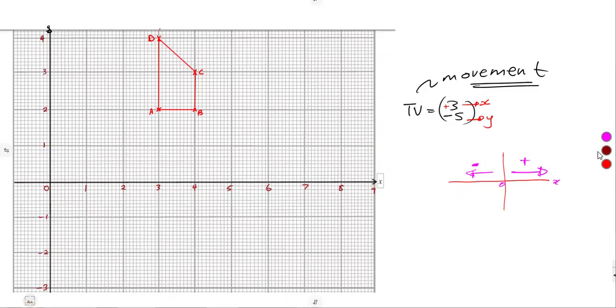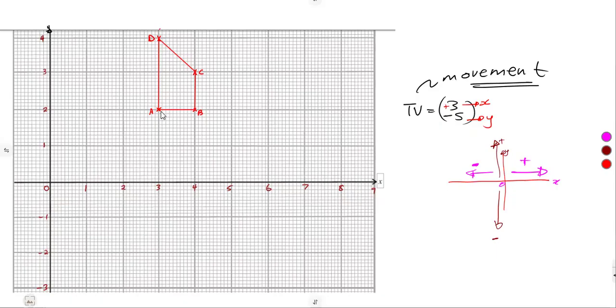For the y values, if it is positive, it means you're going up. If it is negative, you're going down. That is the idea. So it is a movement that you are having from one point to another. So you must move completely this vector that you are given from each point.